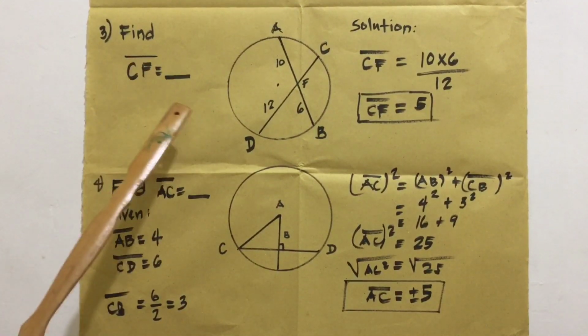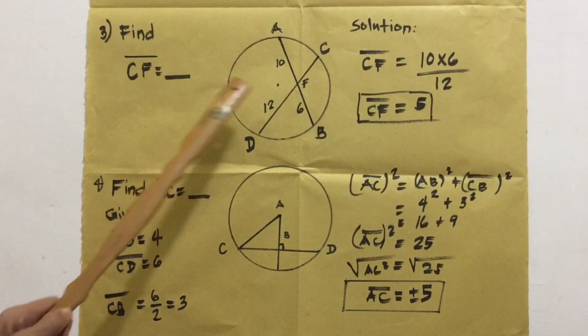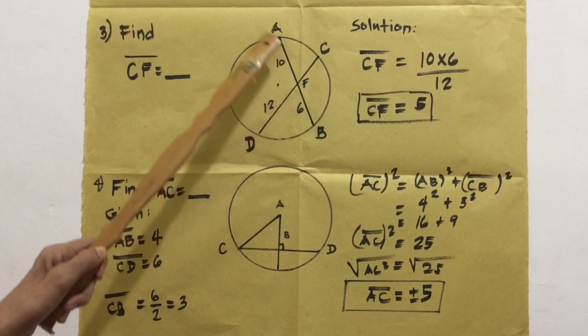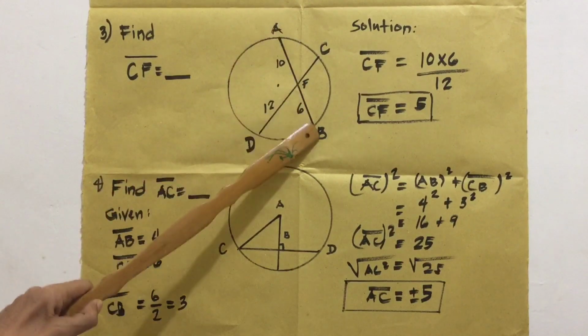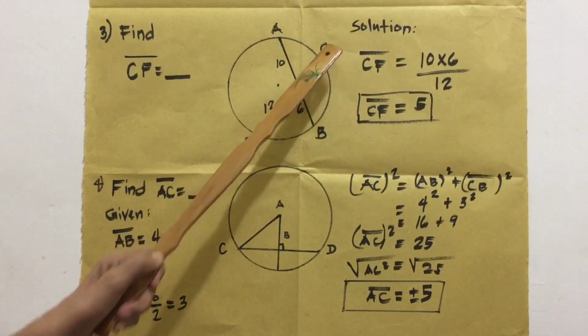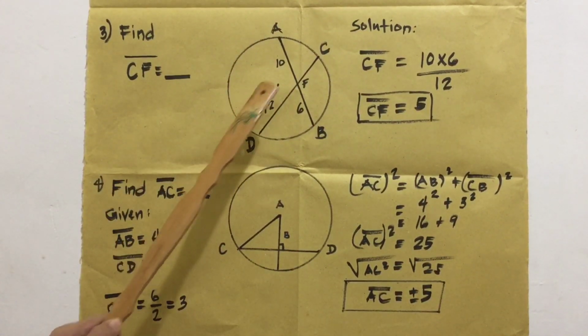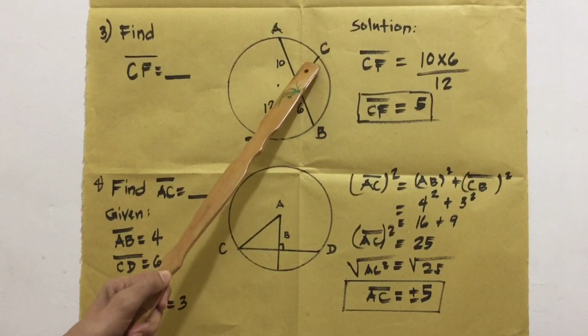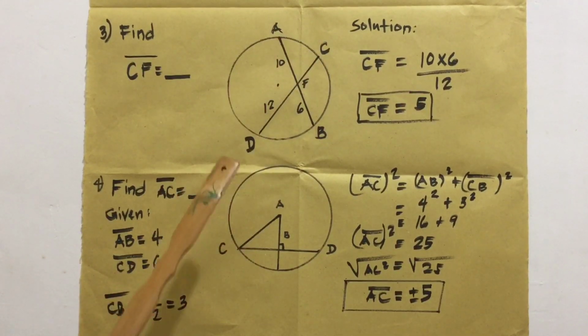Next, number 3: find the segment CF. We have to locate the segment CF in the given circle, and the given now are chord AB and chord DC. The segment CF is here. There is no measurement.